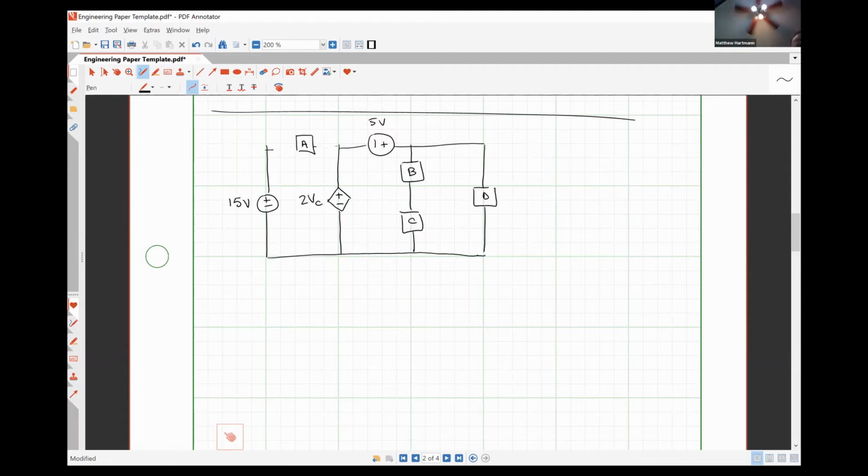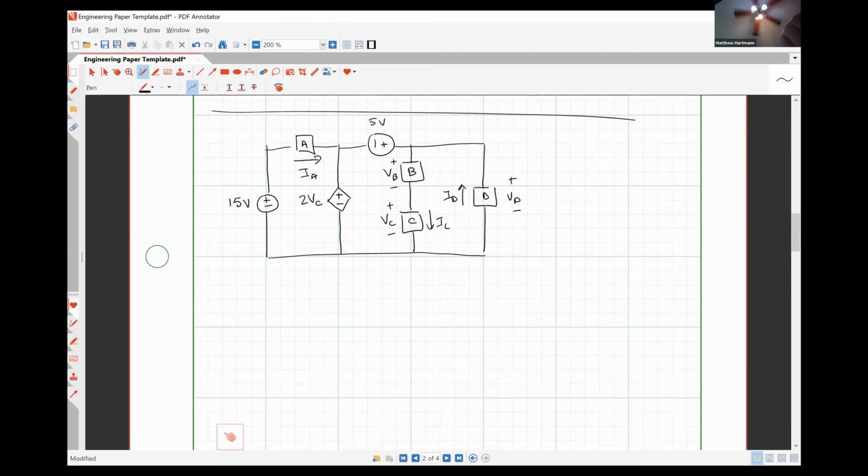We are told, let's see, here's VD, ID, C, C, B, A. All right, so I think I copied all that stuff down correctly.